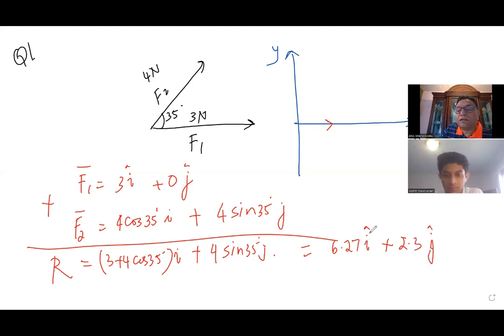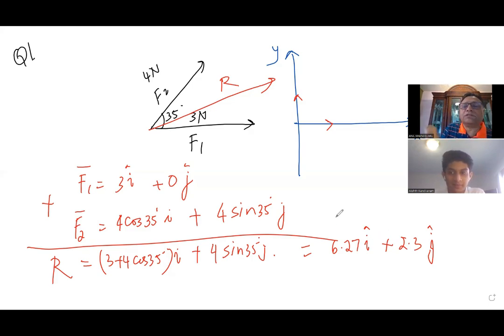So 2.3j. That is the vector. This is the vector r, which we had been talking about. Without making a parallelogram or a triangle, we actually resolve the force into two components along the x and y axis, and we got the resultant. This is a very beautiful method of finding the resultant in many cases.